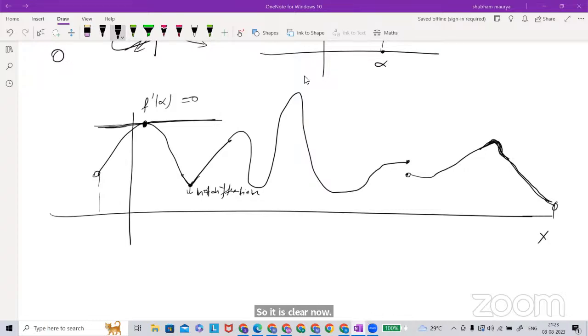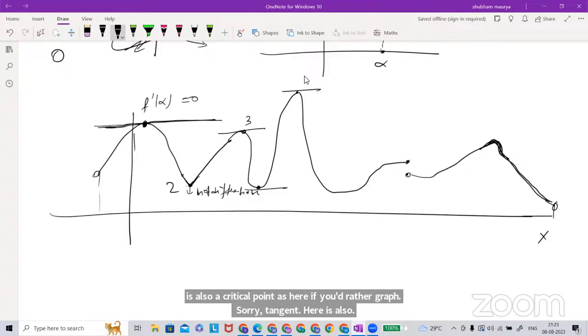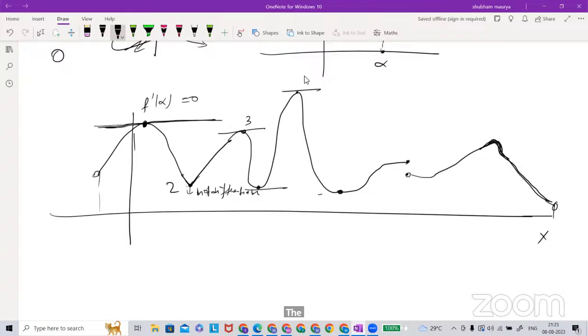So at this point the function is not differentiable. So this is also a critical point. This is the 1st, 2nd we have. As here if you draw the graph, the tangent is here also, and here also. So f dash of alpha equal to 0 indicates the function is differentiable in this case, but in this case the function is not differentiable.